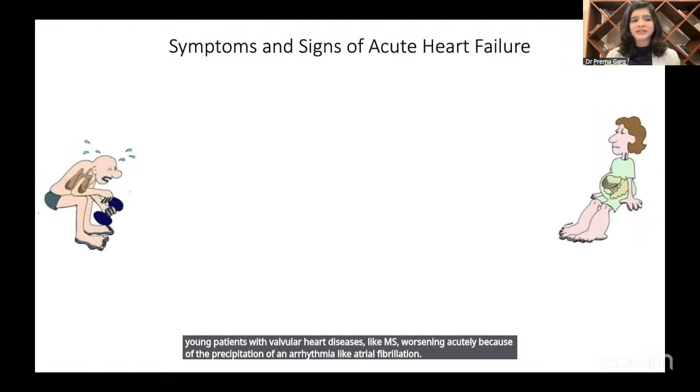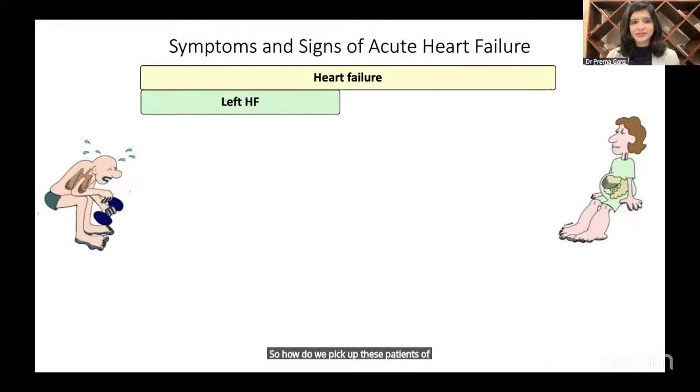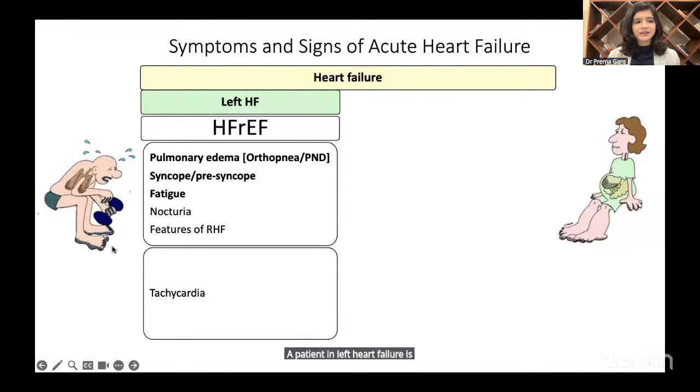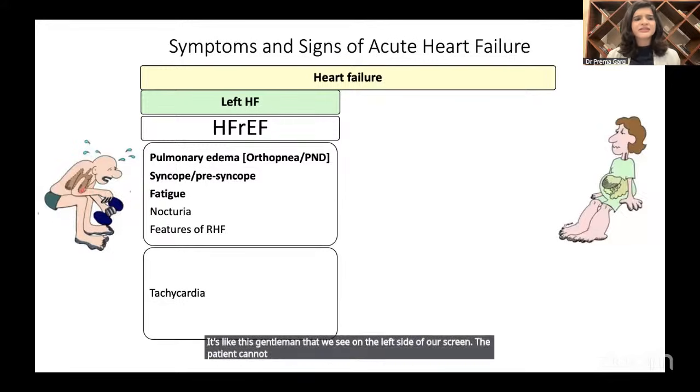So how do we pick up these patients of acute heart failure? A patient in left heart failure is like this gentleman that we see on the left side of our screen. The patient cannot breathe. He has gross pulmonary edema. He cannot lie down flat. He has orthopnea.